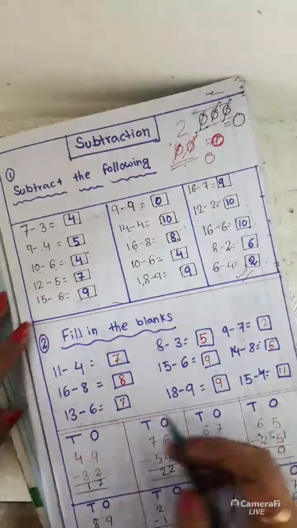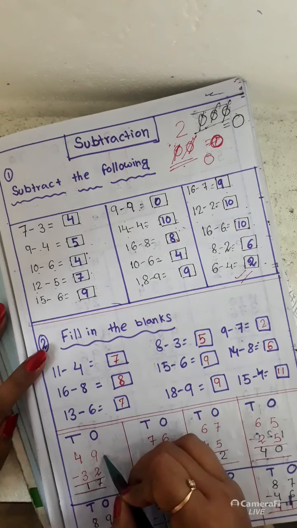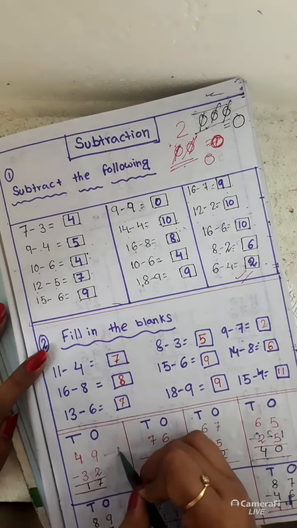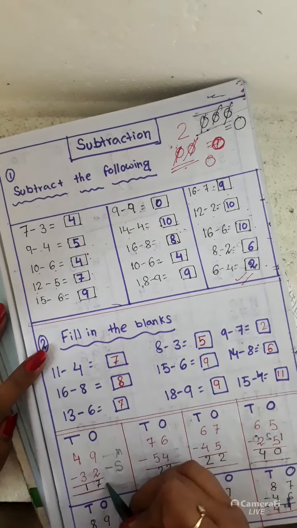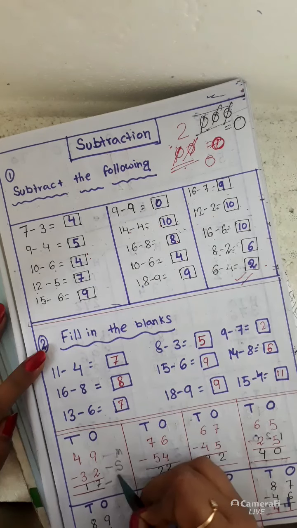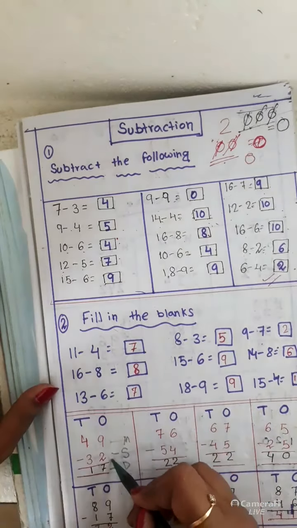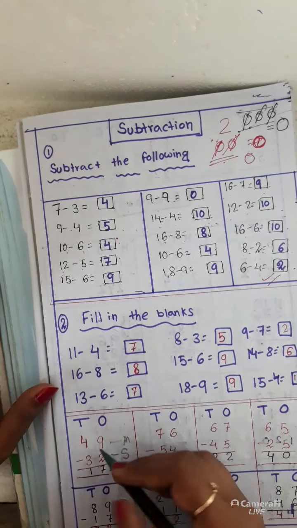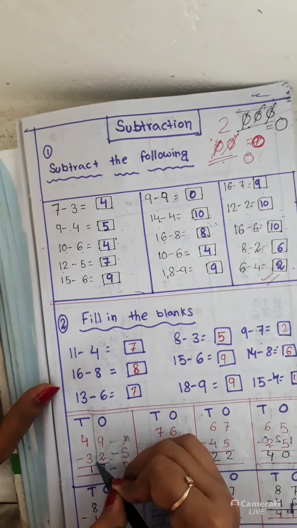Yes, 49 is what children? Tell me. Yes, it is minuend. 32 is subtrahend and 17 is what? Difference. Okay. So 49 minus 32. 9 minus 2, always remember that we always will start with ones place.